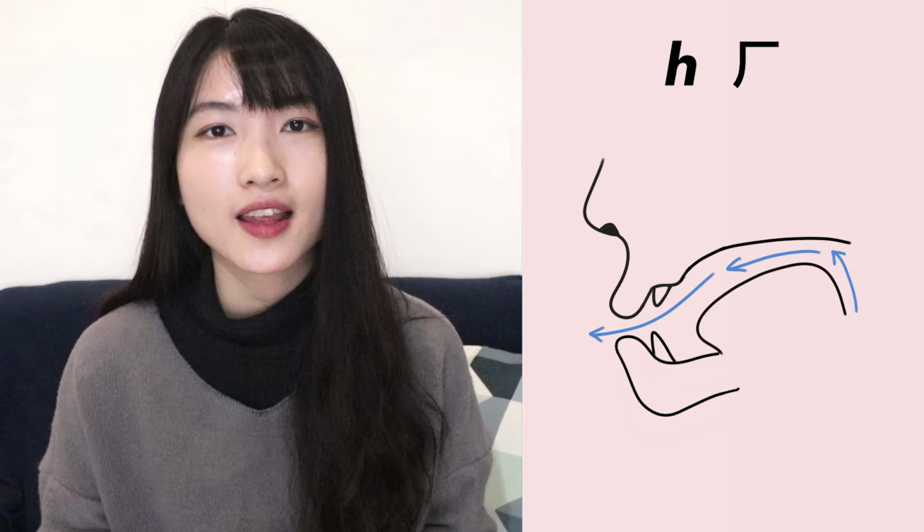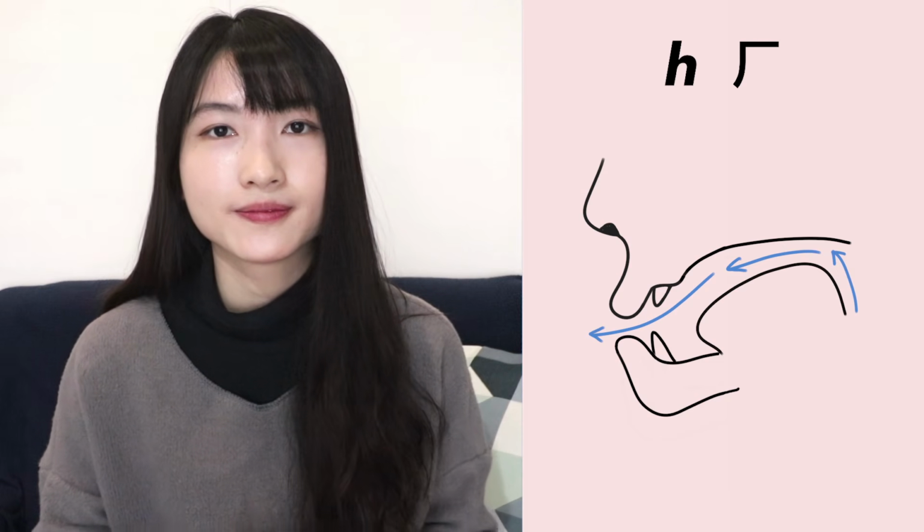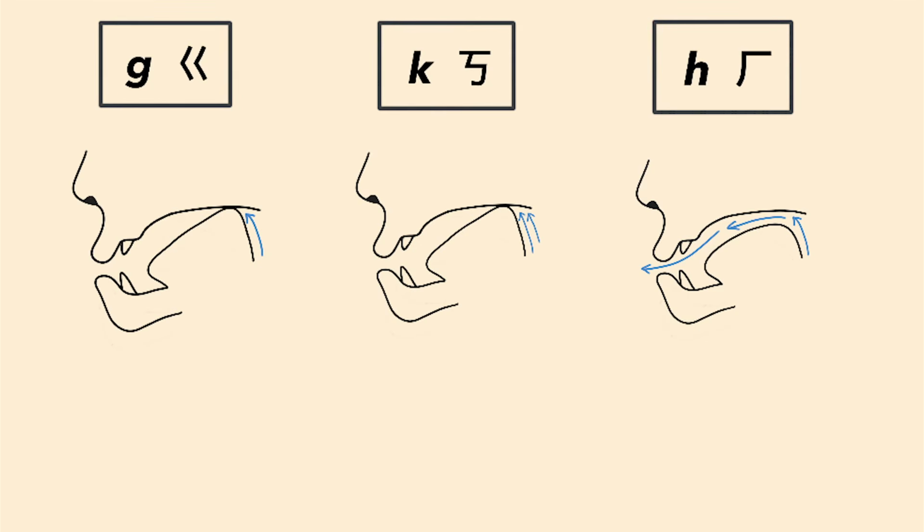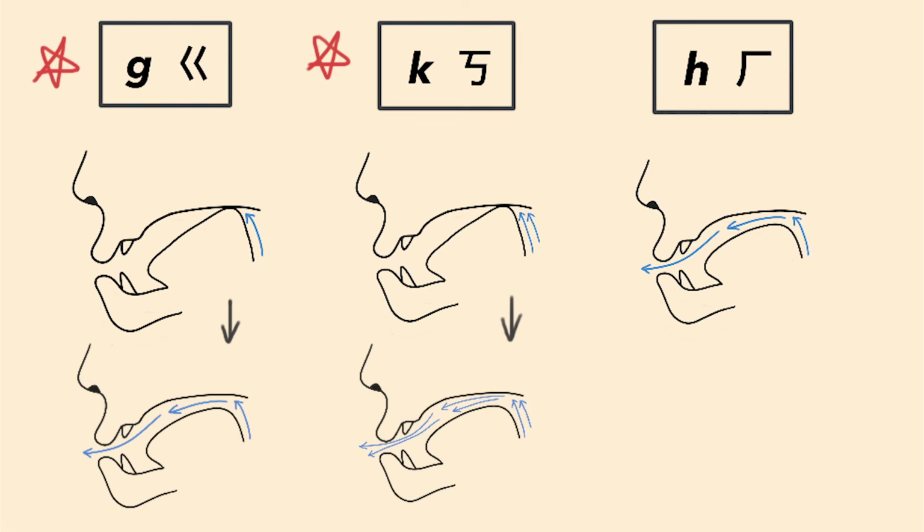Okay, after learning g, k, h, let's review what's the difference between them and do some practice. The common feature about these sounds is that when pronouncing them, you need to raise the back of your tongue. When pronouncing g and k, you have to block the air first and then release.